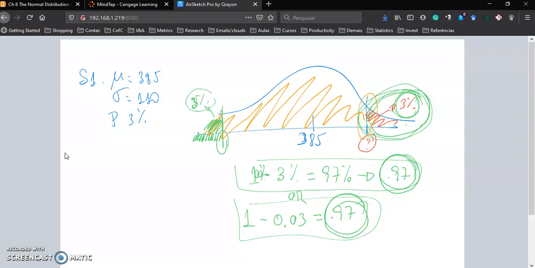I'm sorry that's a little bit messy, but 591, let me erase this here. I'm using my iPad, so it takes some time. So 591 is the cost, the price of airfare tickets that gives me the top 3%. So airfares higher than 591 are among the highest 3%, more expensive.